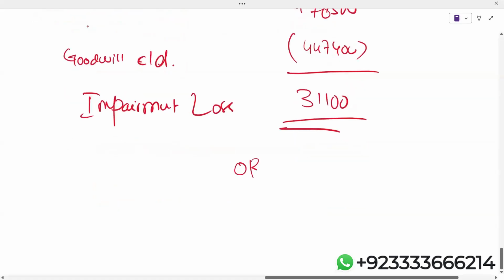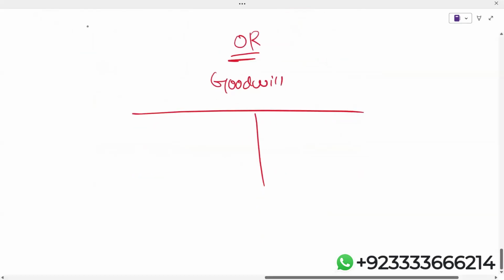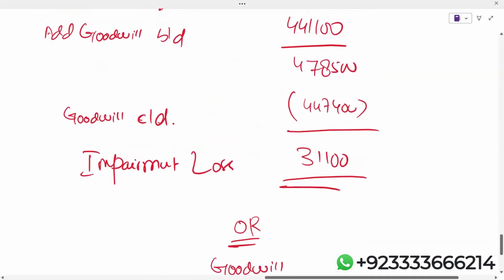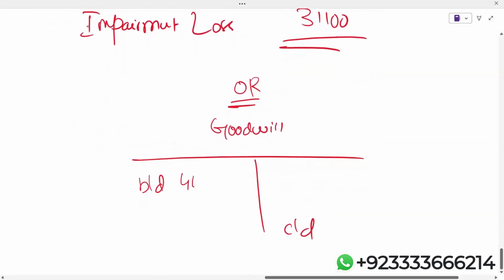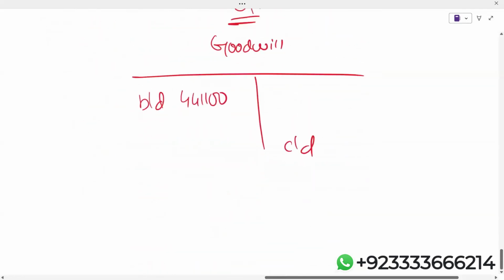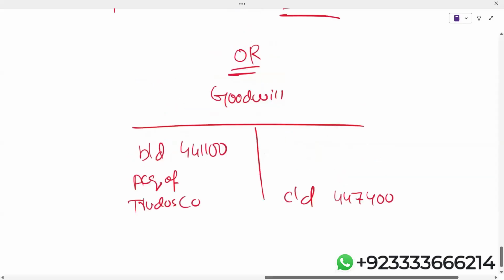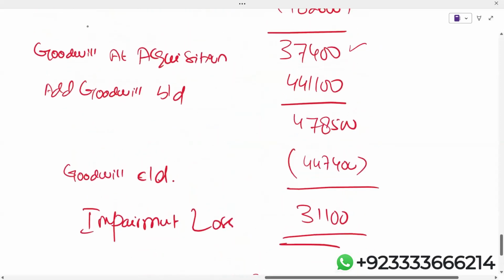Or another way of dealing with this, goodwill BD and CD. BD is 4,41,100. Carried down is 4,47,400. Acquisition of Trodler's company brings goodwill of 37,400.